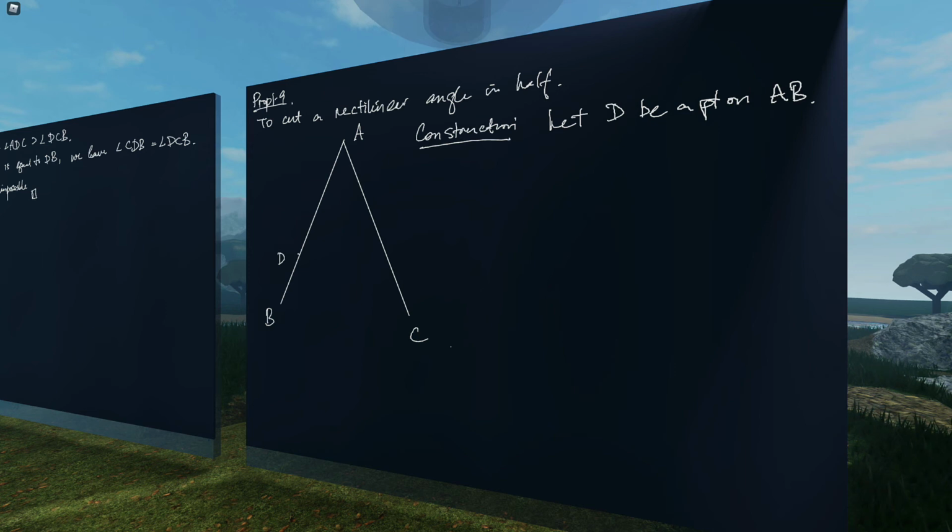This is something that we've done many times before. We want to construct it like this. Let's draw this in.